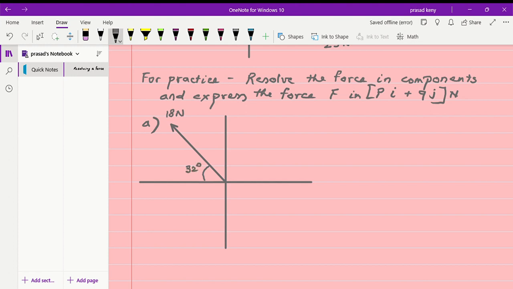So now this force is in second quadrant, so the x component will be negative, y component will be positive. So accordingly write it in Pi plus Qj form.